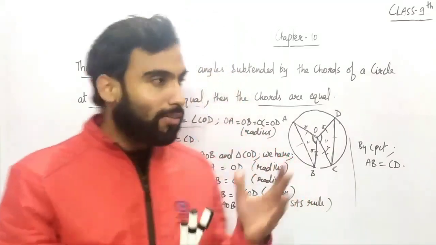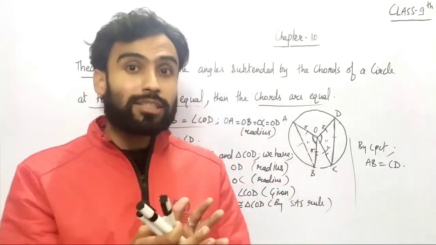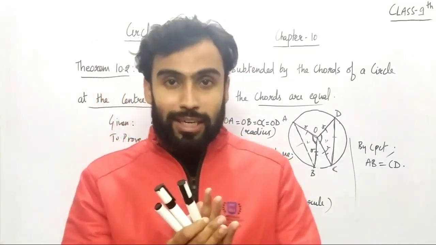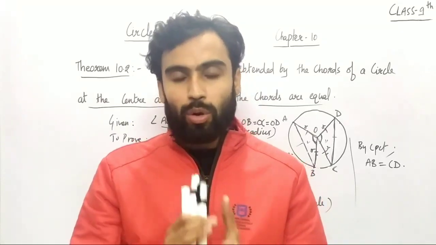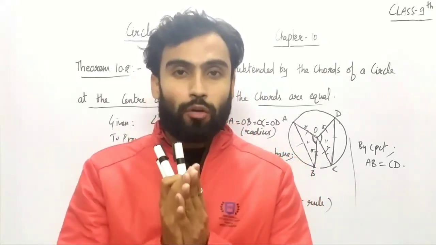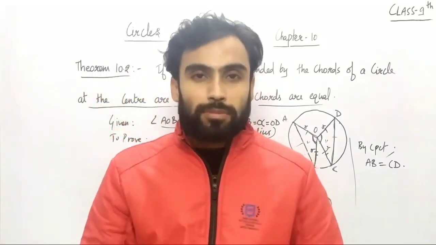Equal angle. But this theorem, which is the converse of that, says that if the angles subtended by the chords of a circle at the center are equal, then the chords are also of equal length. So remember these two theorems, they are the base of this chapter, right? So you can see that was all in this portion here.